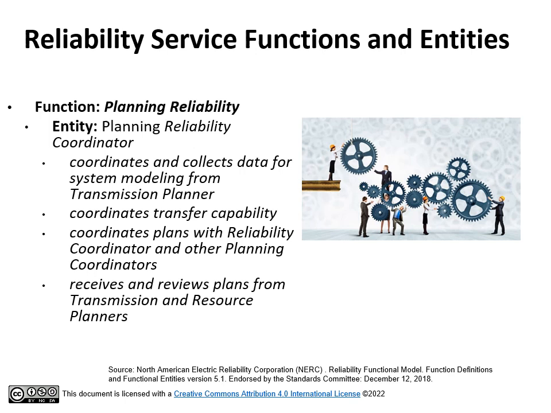Number two, coordinates transfer capability with other planners and coordinators and transmission owners or operators. Number three, coordinates plans with reliability coordinators and other planning coordinators on reliability issues. Number four, receives and reviews plans from transmission planners and resource planners.